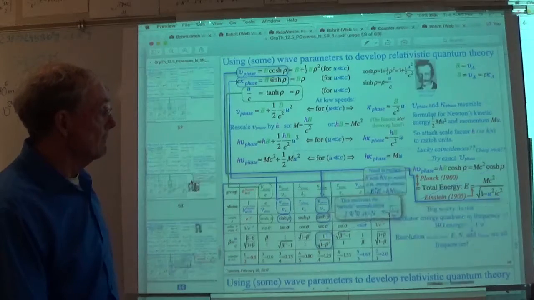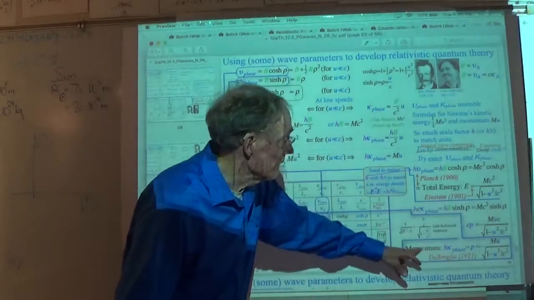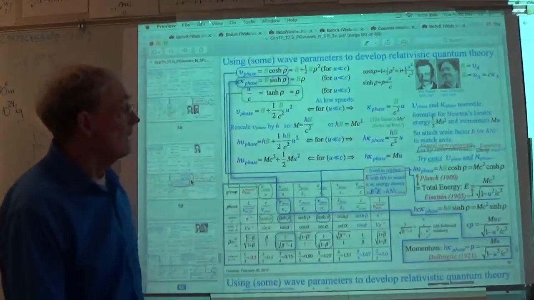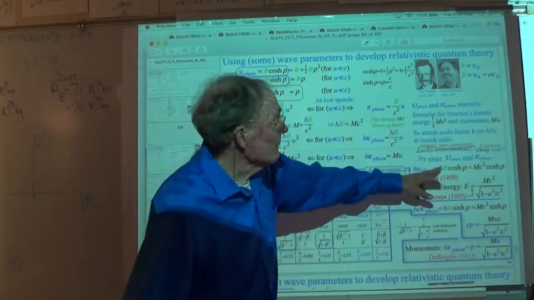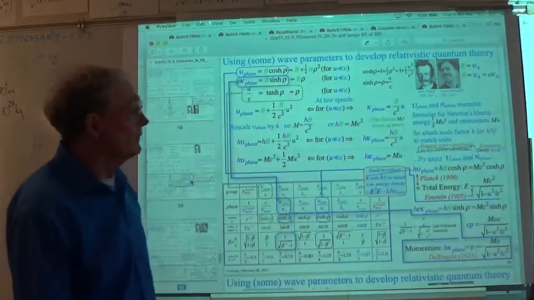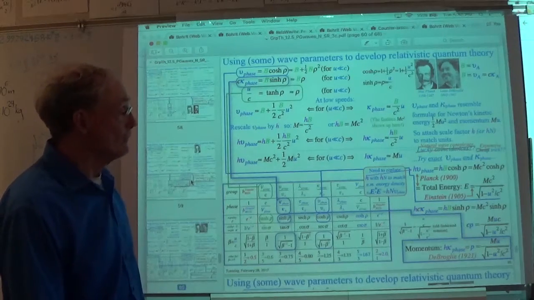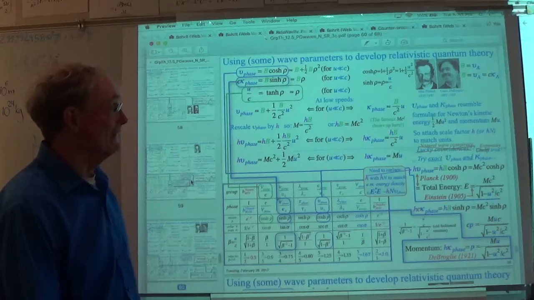And you get the de Broglie 1921 relationship, which is the momentum is given by that. It's just a hyperbolic sine for the kappa. And then this one right here is hyperbolic cosine for the frequency. That's basically deriving Planck's axiom by doing this. That doesn't happen very often.